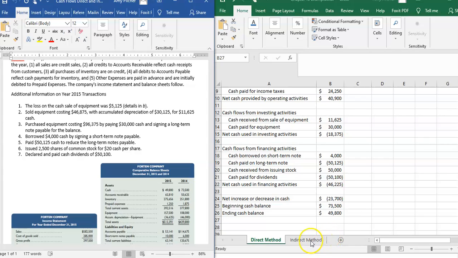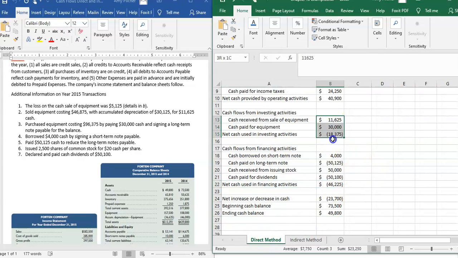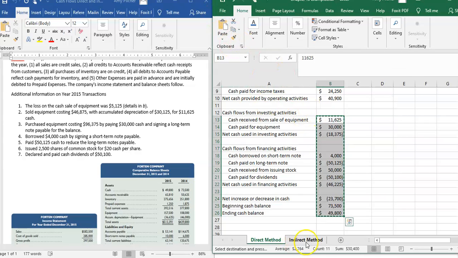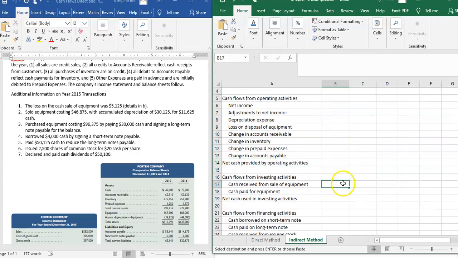Now let's look at the indirect method. So for the indirect method, the investing activities are exactly the same. Investing and financing, there's no changes to those activities.